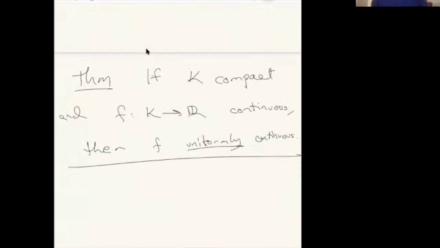Okay. Now, another big theorem about uniform continuity is that, normally, continuity does not imply uniform continuity. An example would be x squared. This is continuous, but not uniformly continuous.